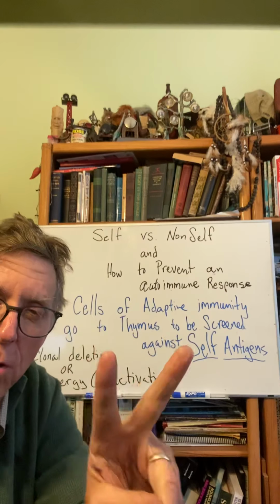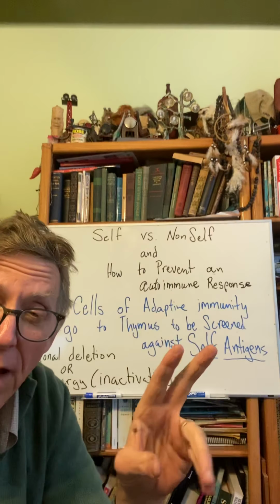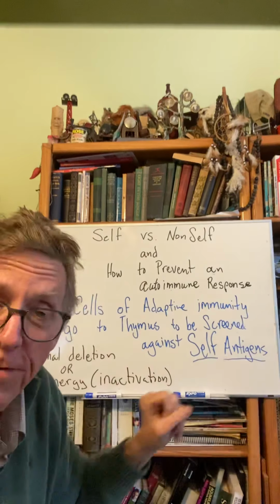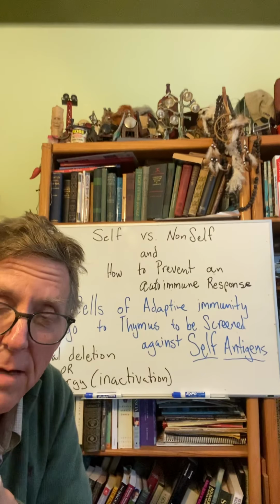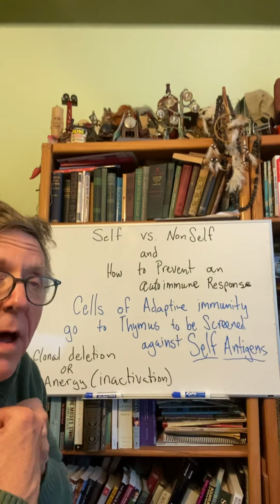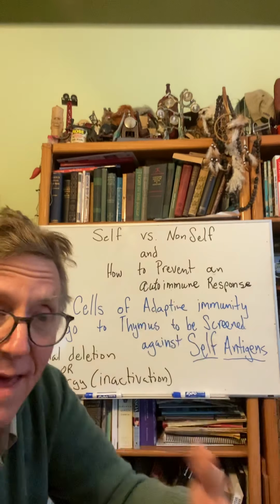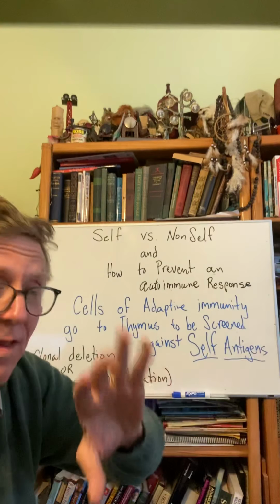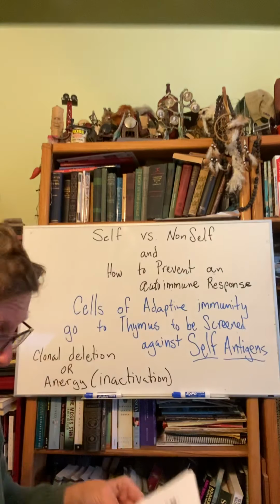So only 2% of the original pool of cell surface marker specificities that you had pass the test and become mature lymphocytes ready to deal with the problems of the world. Being melodramatic.